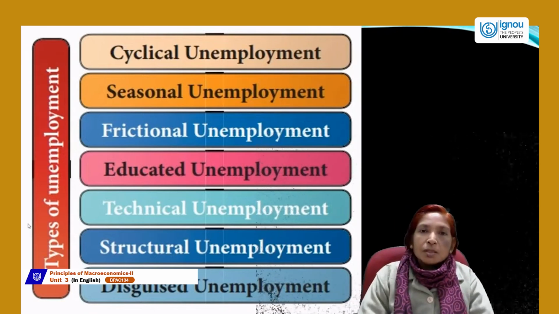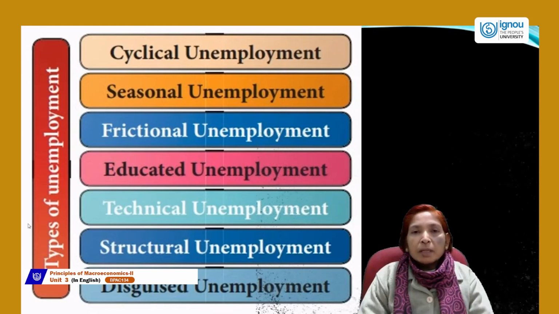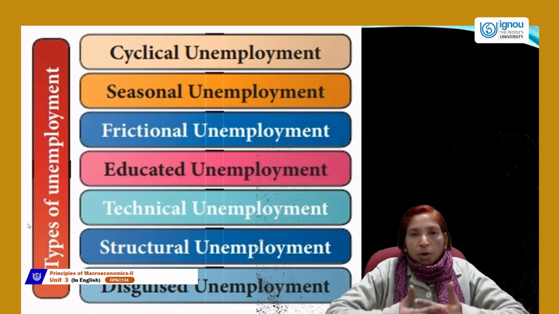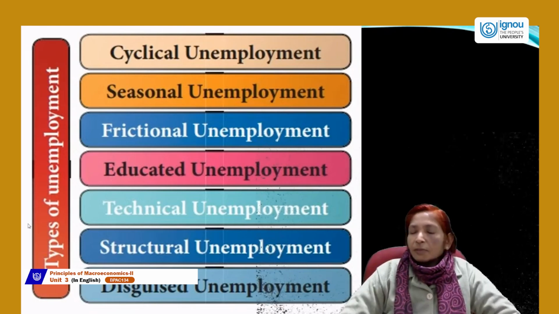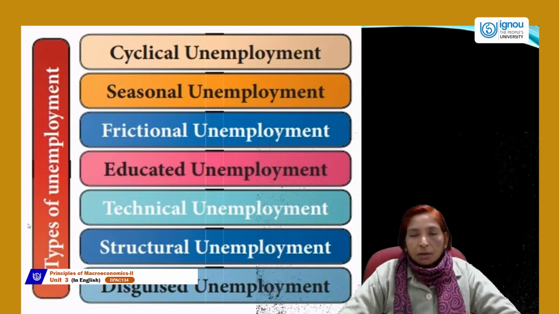Now, next is structural unemployment. This structural unemployment mainly exists due to some bottlenecks or loopholes in infrastructural facilities. If there is a shortage of raw material or in the supply of labor, and if infrastructure is not very good or available, then this type of unemployment exists.